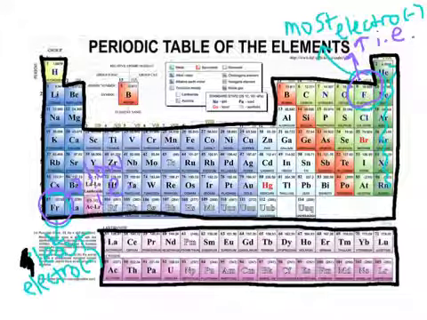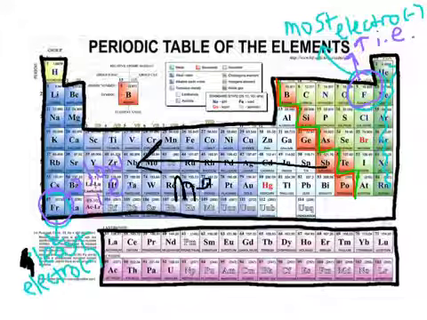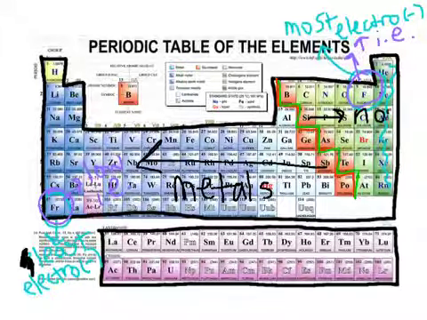All right, now real quick before we go, let's just review. Remember there is this staircase here on our periodic table. Actually, let me do it in a different color. How about green? We have a staircase here in our periodic table. And remember that everything to the left of that staircase are what we call metals. Everything to the right of that staircase are nonmetals.